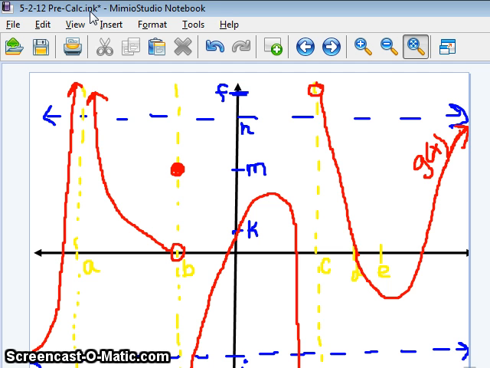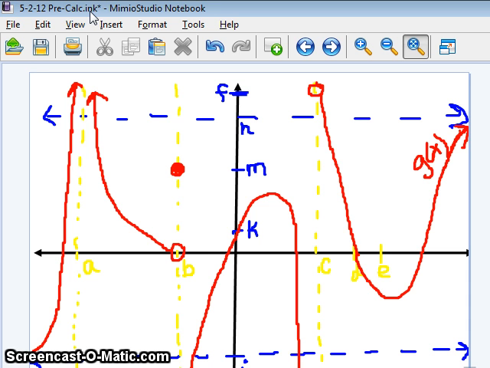Number 5 asked me what the limit of the function is as x approaches a. It's not a from the positive side, and it's not a from the negative side. It's just a.